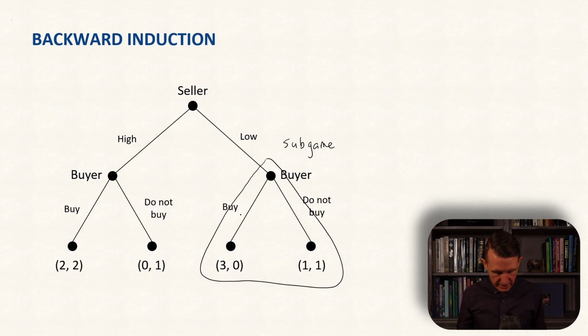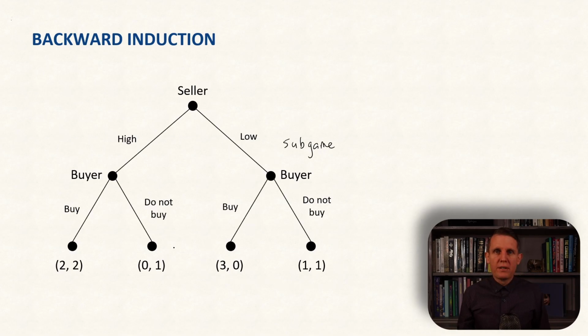So let's have a look at these two sub-games that we have at the bottom here, where the buyer has to make a choice and determine what we think the buyer would do. In this notation, the buyer has their payoff in the second element of the payoff tuple. On the left sub-game, the buyer has to make a choice between buying and not buying. If they buy, they'll get a reward of 2.